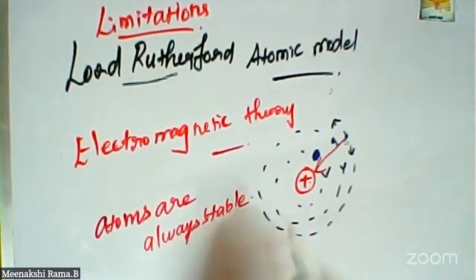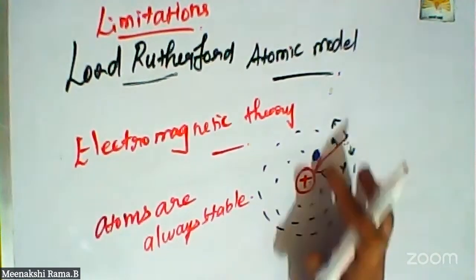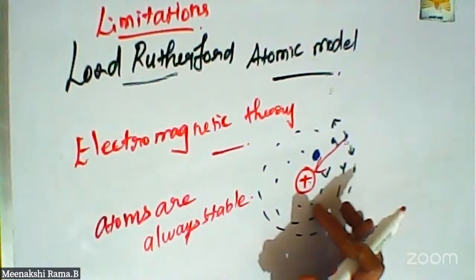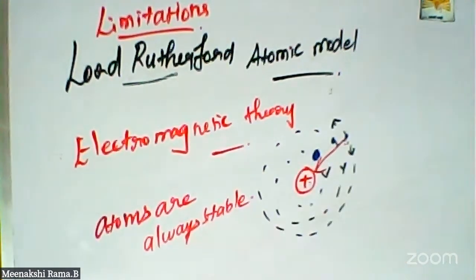But according to Rutherford's conclusion, the electron's path will decrease and it will come back to the nucleus because of loss of energy. In this action, the atom would come to an unstable position. So this is not an acceptable concept for his theory. Atoms are always stable. The Rutherford model failed to explain the stability of an atom.